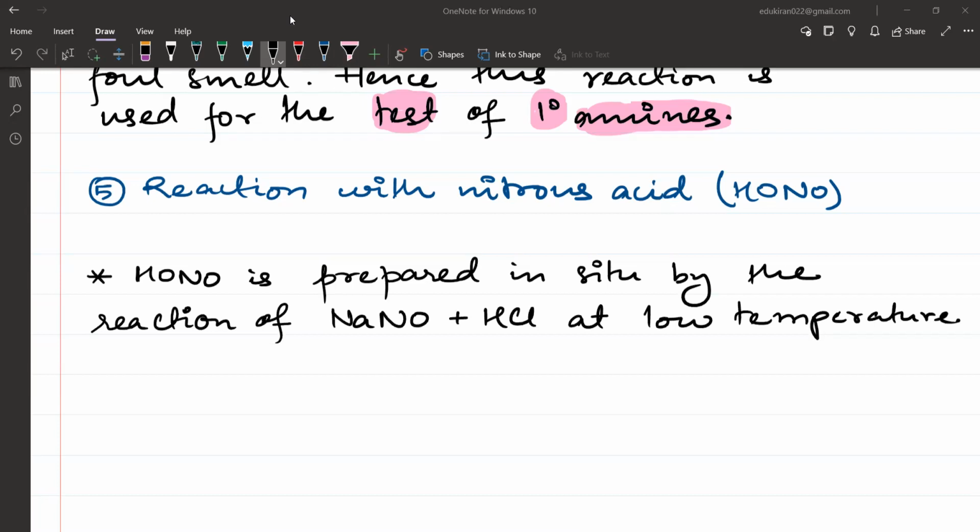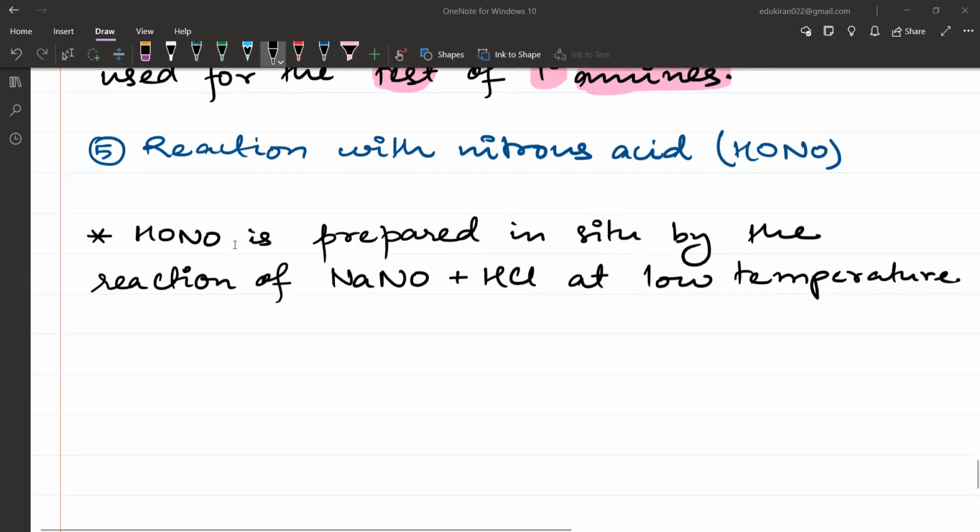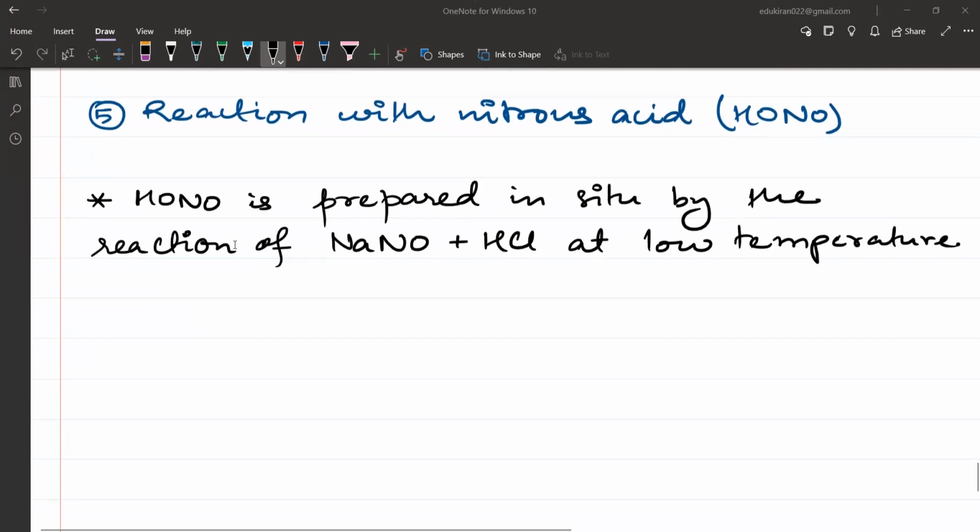At low temperature, we have different types of amines. We have primary amine, aromatic amine, secondary amine, and tertiary amine. All of these amines react differently with nitrous acid. First of all, look at primary amine.